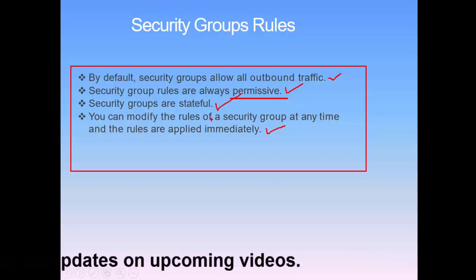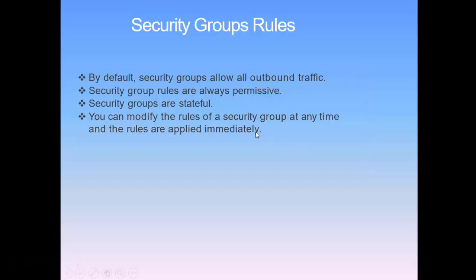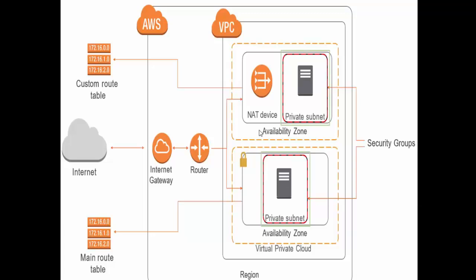So you can modify anytime. Stateful I have explained to you. Permissive I have explained to you. And you can modify group rules anytime in a security group, and rules are applied immediately. You can watch here one thing: my VPC that I created in AWS, inside that, subnets.